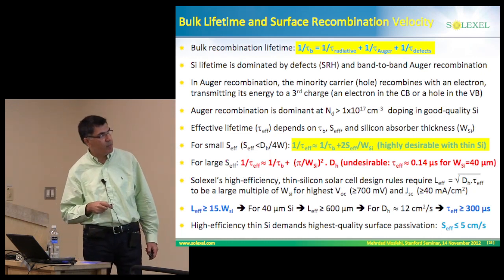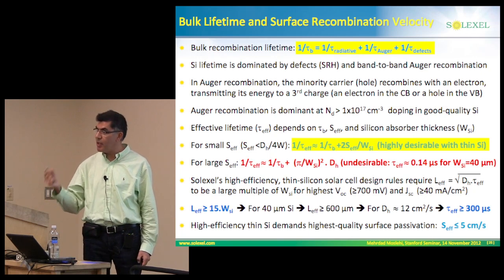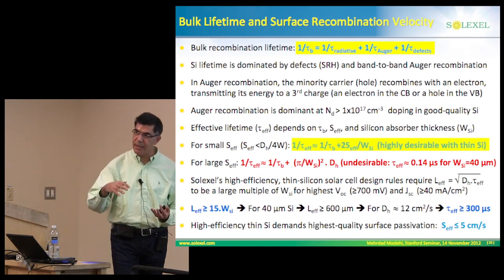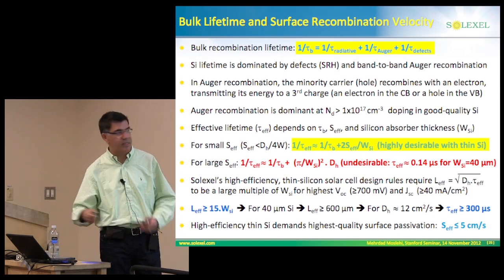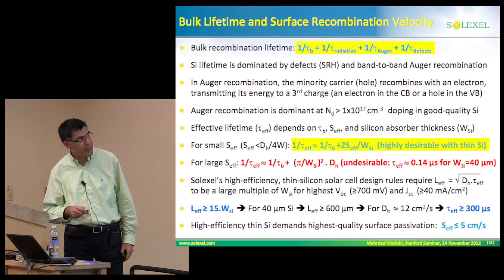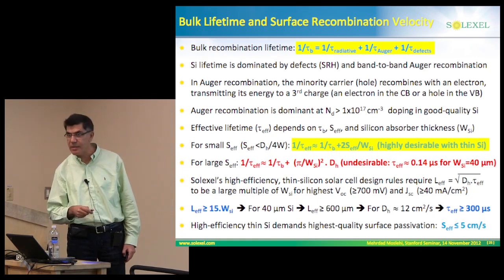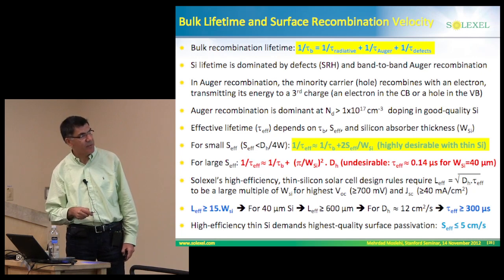If you make your surface passivation very high quality, in our case with proprietary passivation on both the front side and back side, and relying on field assisted passivation as well, then your effective lifetime is governed by this expression. Basically, for a very high quality surface, ideally if the SRV, surface recombination velocity, is 0, then your effective lifetime is your bulk lifetime. Obviously, we don't want to be at the other extreme, because your lifetime would be very low.